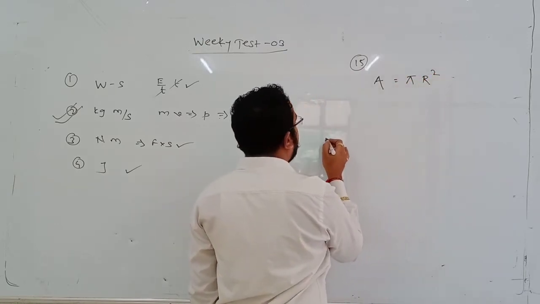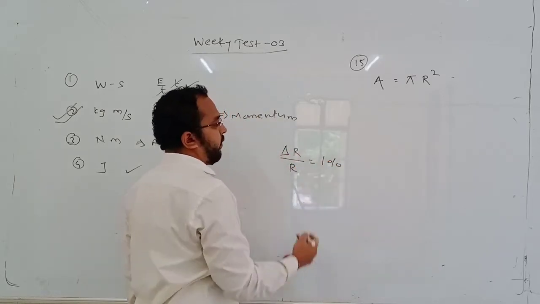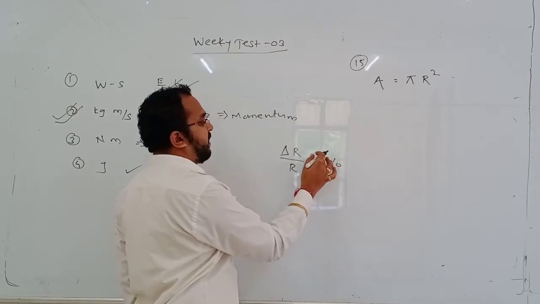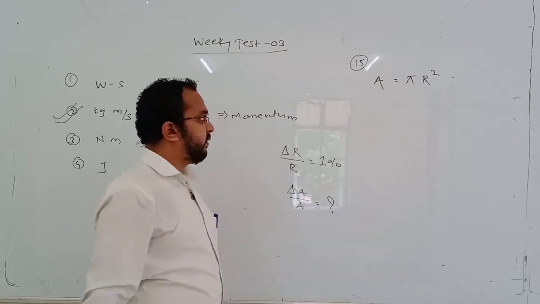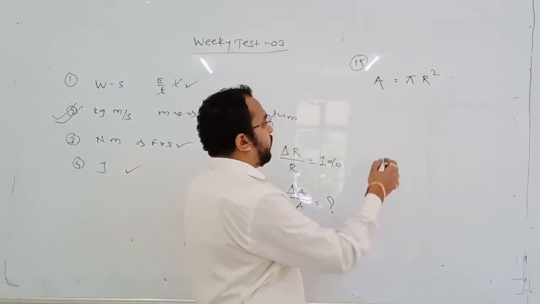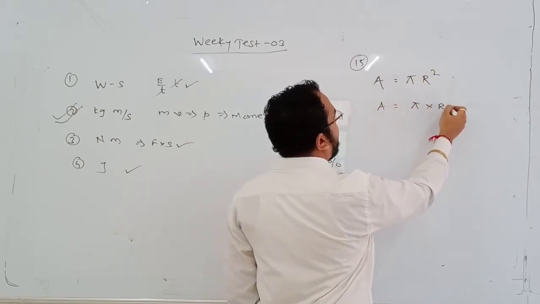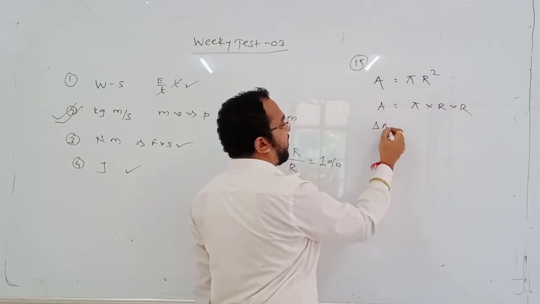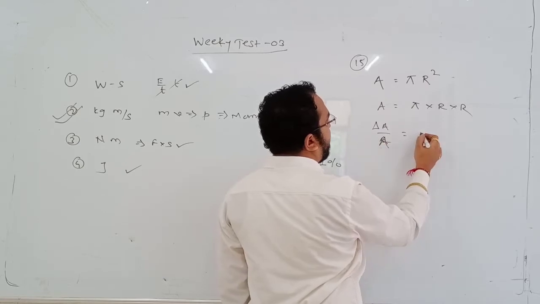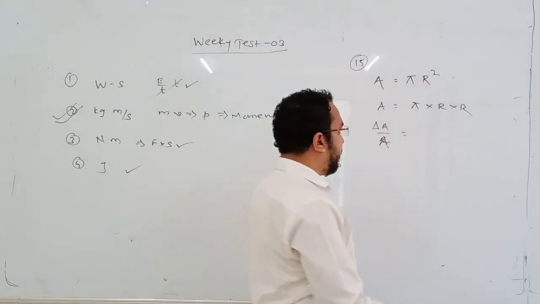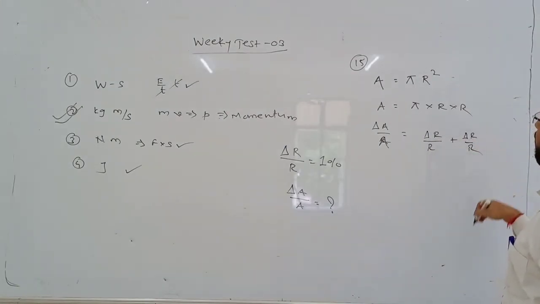In the question it is given delta r by r is 1%, and delta a upon a is asked. I have told you when the power is there, it will come to the numerator. This area can be written as pi into r into r. So if I take the errors, delta a by a will be equal to pi, the constant, leave it, so it will be delta r upon r plus delta r upon r.